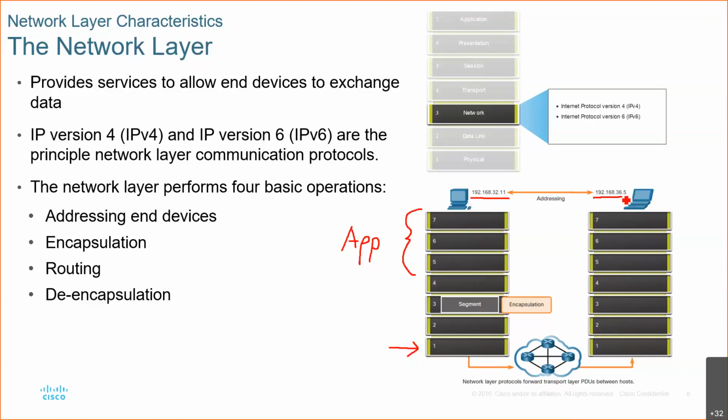The source and destination you can see are on different networks. That means the data has to travel through a router, or a series of routers, to go from here to here. So that's what we are interested to know.